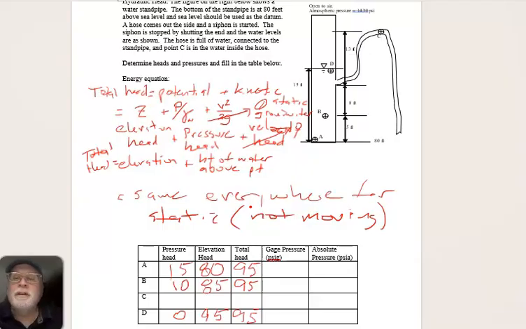All right, now point C is way up there. 93 plus 13 is 106 elevation. The pressure head, how much water does it have above? It doesn't have any. Well, wait a minute.